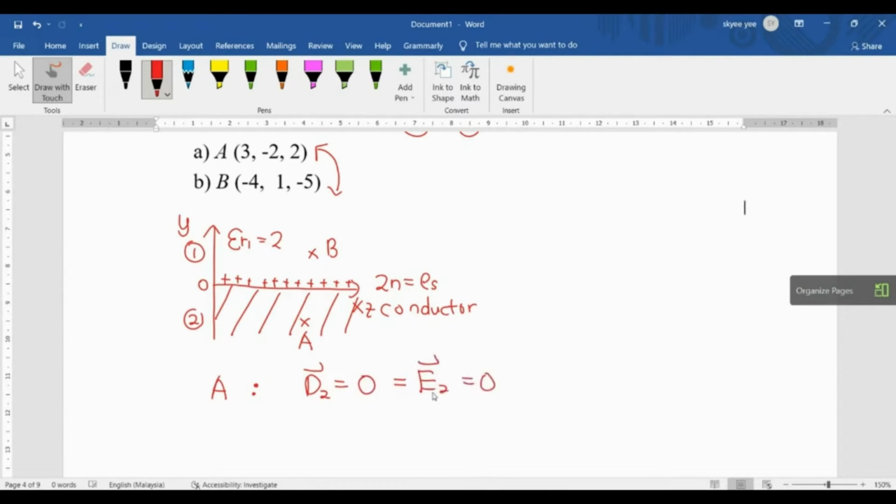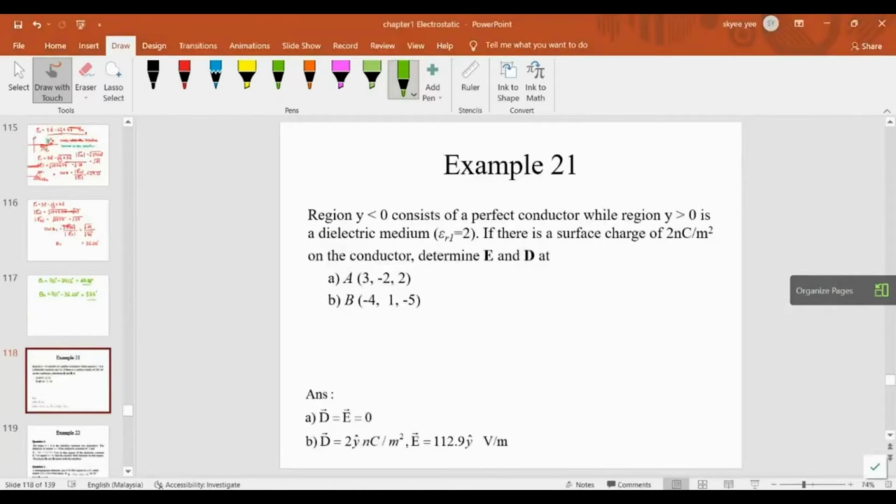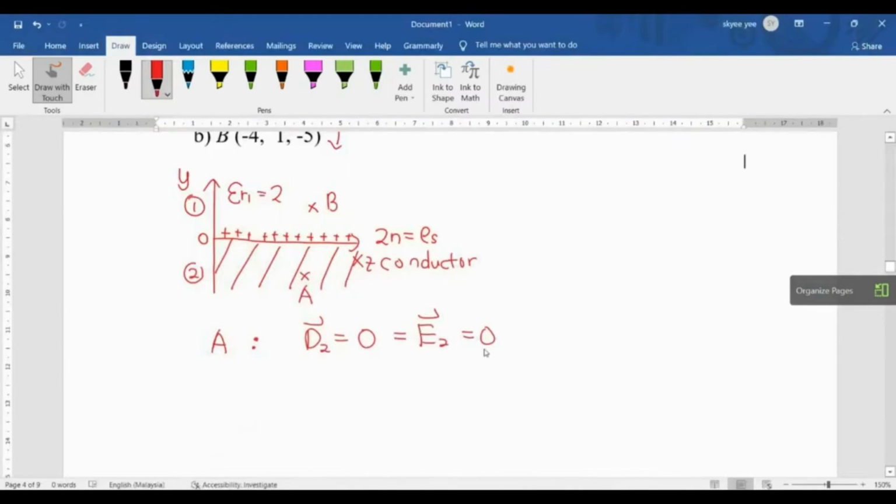Meaning that the E2 tangential and E2 normal components are all 0. So at position A, there is no electric flux and no electric field intensity in this region.